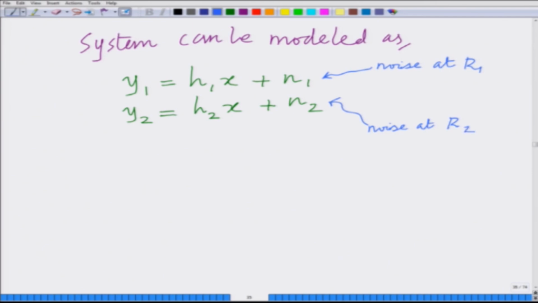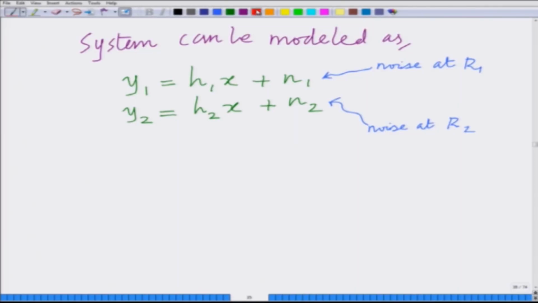We have developed a simple model based on the previous model for the fading wireless channel, extended to a wireless channel with multiple receive antennas. We transmit symbol x from a single transmit antenna, and receive symbols y1 and y2 on two receive antennas, with corresponding noise components N1 and N2.